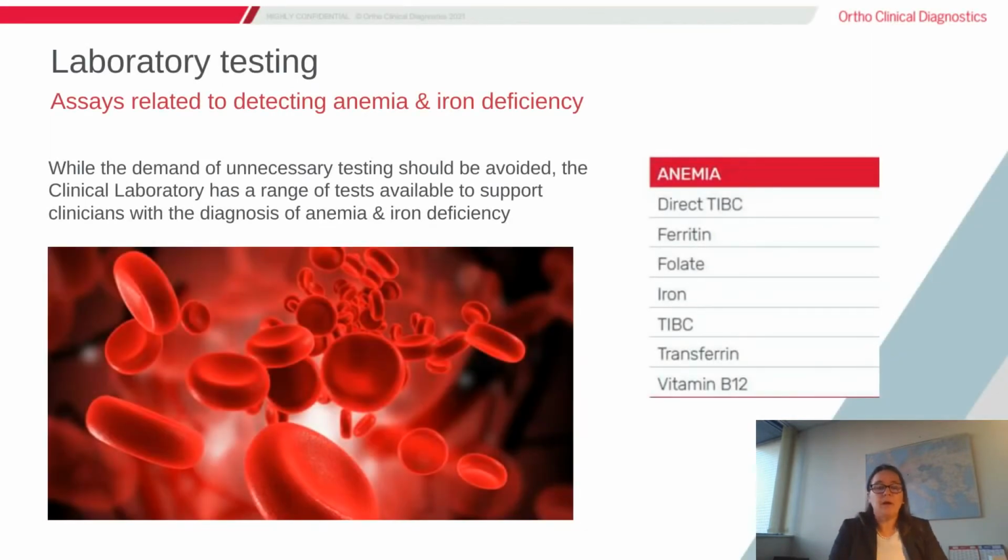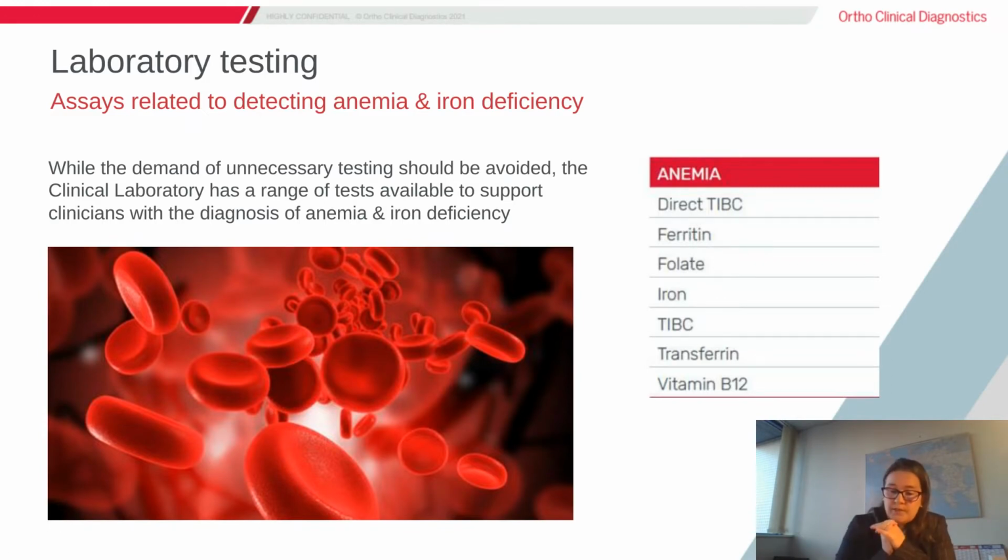First of all, we have seen that one of the strategies is detecting erythrocytopenia and iron deficiency. While the demand of unnecessary testing should be avoided, the clinical lab has a range of tests available to support clinicians in diagnosing anemia.